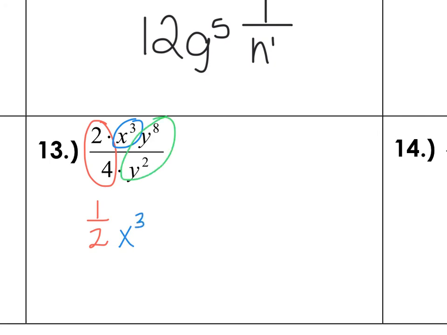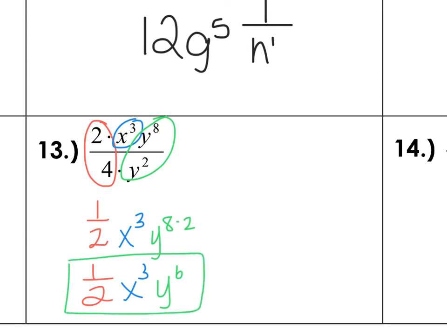And then we have y to the 8th divided by y squared, so that's y to the 8 minus 2. So the 1/2 is going to stay the same. The x to the third we didn't have to do anything to. And then y to the 8 minus 2 is y to the 6th. And we are finished. And that's it.